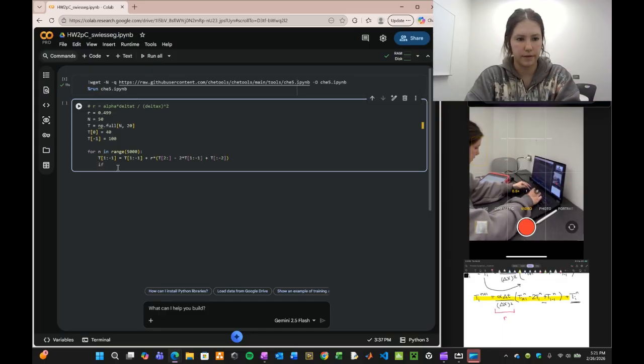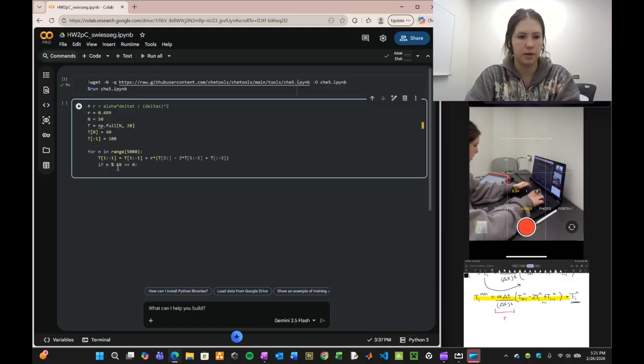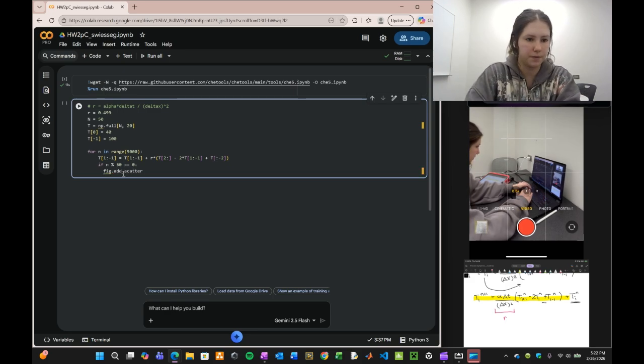So if n remainder 50 equals 0, then we can add it to our plot. So we can say fig dot add scatter, and we haven't defined fig yet, but I will in a second.